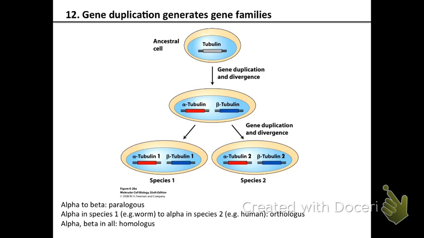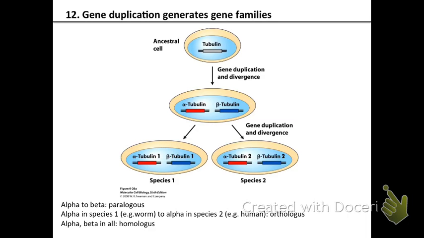There are two other terminologies that you will use. Because these genes, alpha and beta tubulin, have duplicated and diverged from each other, these genes with similar sequences within the same species are called paralogous. They're paralogs within the same species. And when we're talking about genes that have similar sequences and functions between different species, these are called orthologs.